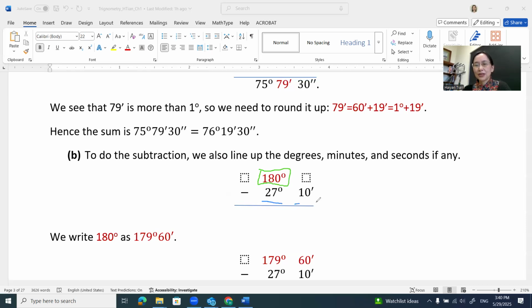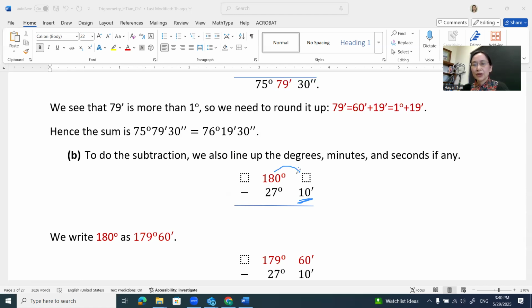So we put this, and again, we line up the degrees, minutes, and seconds if there are any. But now you can see, this is like a 0, right? So we want to subtract 10 minutes from something, but we need to borrow 1 degree.